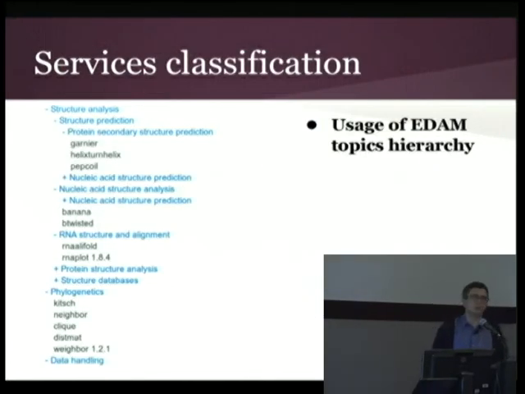Okay, so as a result, we are using this information in the user interface of Mobyle to generate the tree-view hierarchy that is navigated by the user for service discovery. Here we are using the EDAM topics hierarchy, which seems to be the more adapted way of showing the list of the programs available.